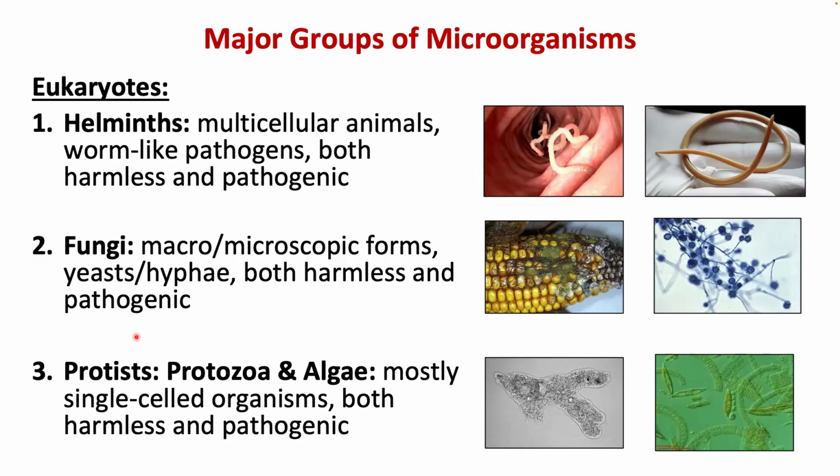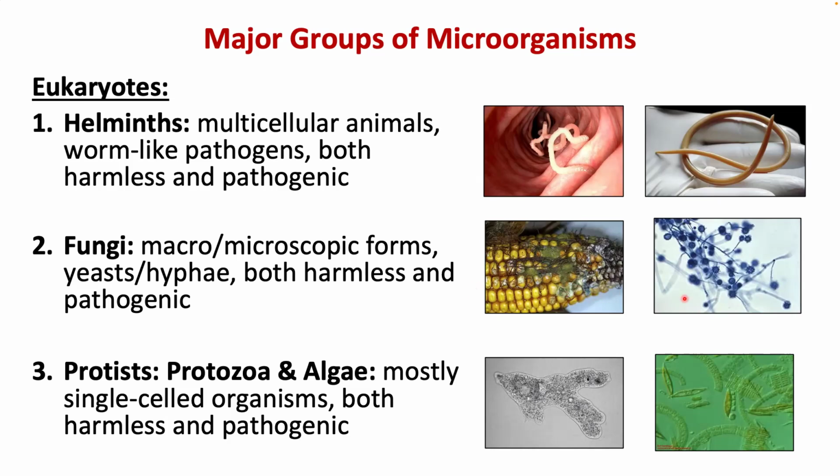Then we have some which we classify under the group called fungi, or fungi, depending on who is pronouncing it. These are macro or sometimes microscopic forms, and they include yeast, and they can be both harmless and pathogenic, depending on where you find them. These are some images. This is being seen on a corn or maize, as you can see from here.